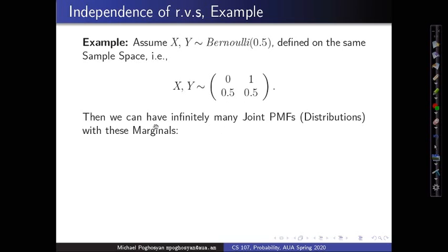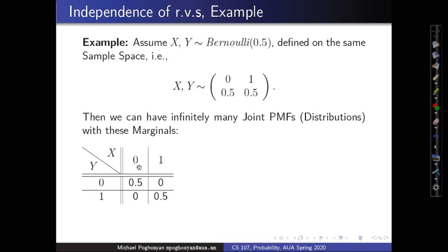Then in that case, we can have infinitely many joint probability mass functions such that x and y are marginals of those PMFs. For example, say x and y have this joint PMF, then the marginals are, of course, 0.5, 0.5, 0.5, 0.5.